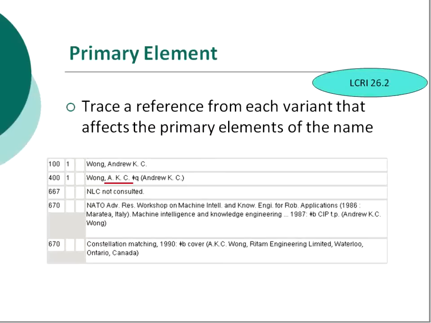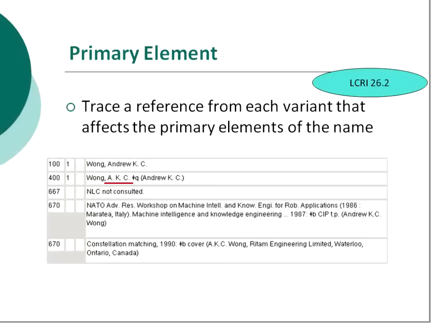Primary element. Maybe this is another new term to some of you. So what is the definition of primary element, and what does it affect in our reference rules here? The rule says primary elements include all the elements to the left of the comma, and I'm going to point my little hand here, all the elements to the left of the comma, and the first element to the right of the comma.